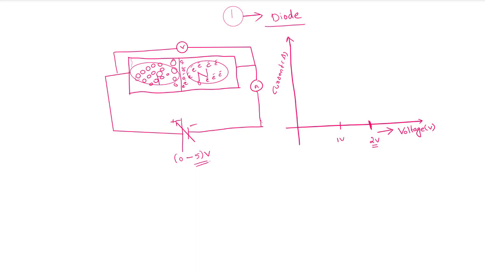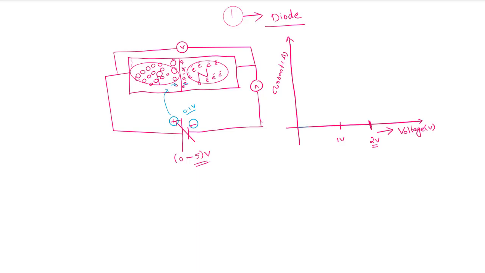So I have assumed that I have given a slight change in the voltage. Voltage I slightly varied to 0.1 volts. Now with this 0.1 volts, because this is positive and this negative, positive will repel, because all this p-type material is positively charged, hence this positive charge will be pushed here, and at the same time this negative terminal is negatively charged, so negative will be pushed slightly, but it doesn't have enough force to cross this junction.